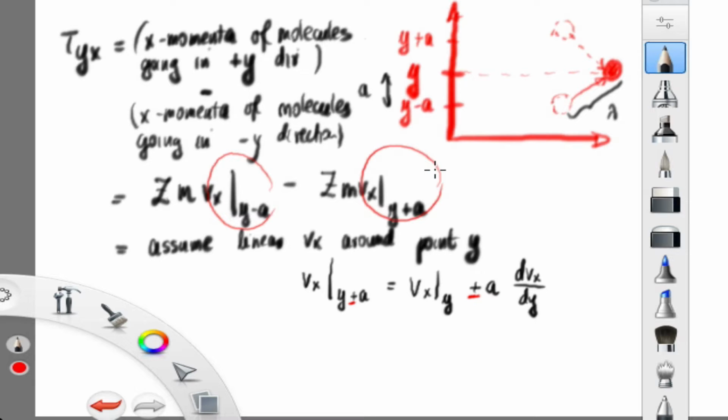This first one will be Vx at y minus a dVx/dy, and the second one will be Vx at y plus a dVx/dy, but I have a minus in front of it. So what I'm really getting here is that this is equal to minus, and then these two parts will cancel, right? Everybody sees that? If they cancel, all I'm left with is two terms like this.